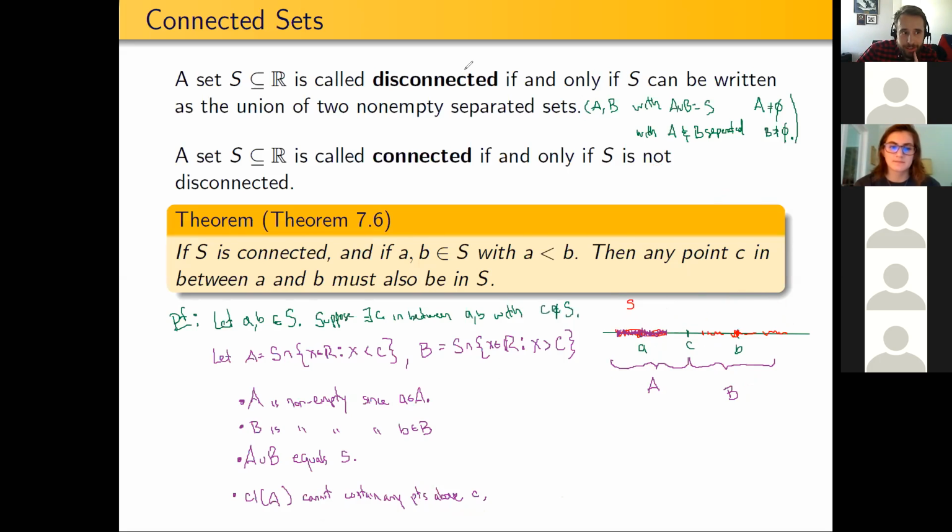It's a good question. We know that A doesn't contain anything above C. We know that A is sort of stuck down here. So if we happen to have some element of the closure, it would have to be an accumulation point. And if there was an accumulation point of A floating strictly above C, that would mean if we zoom way in, there would have to be elements of A that were really, really close to it.